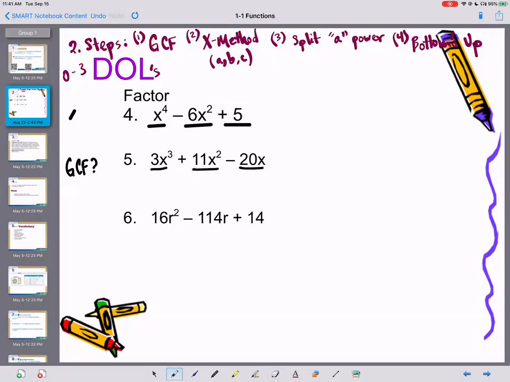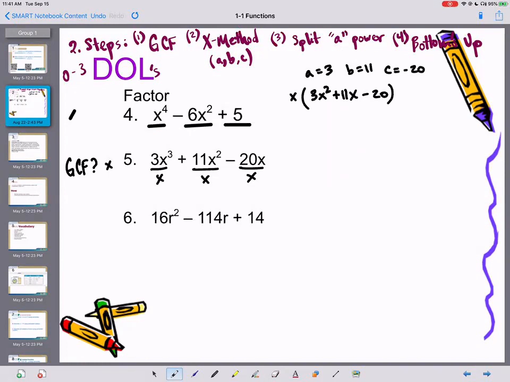What is it? X, there it is. Our GCF is X. So step 1 this time, I'm going to divide out an X. My problem becomes, you put the X in the front, 3x squared plus 11x minus 20. That becomes my new trinomial. So A is 3, B is 11, and C is -20.